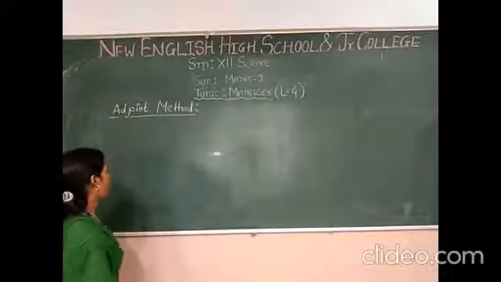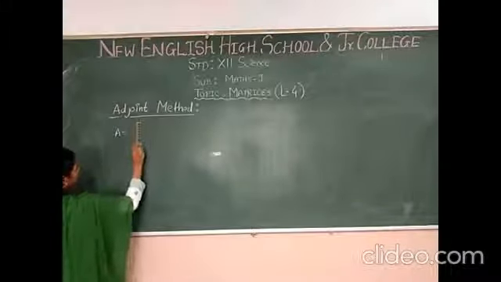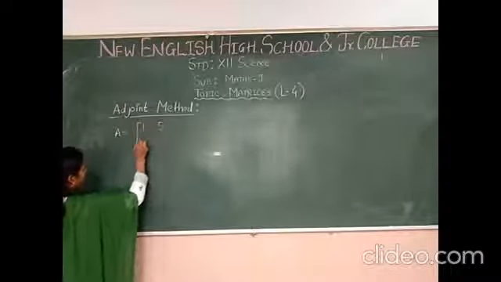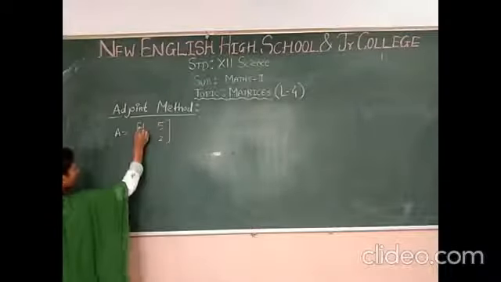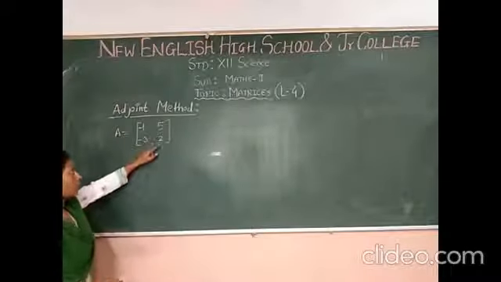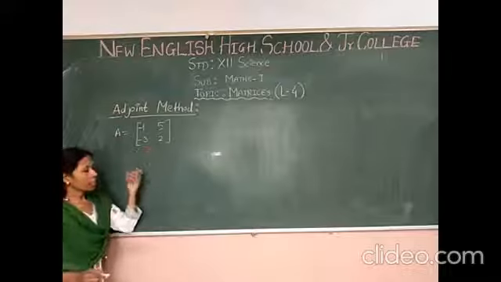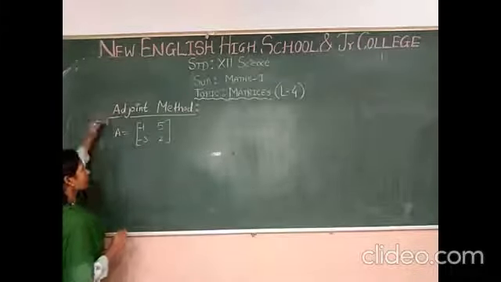Okay, I will start. Let us take an example. This one: A equals to [-1 3; 5 2]. Okay. I will first say the formula using the adjoint method.